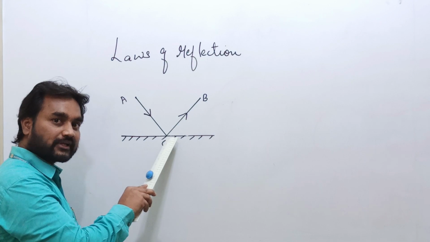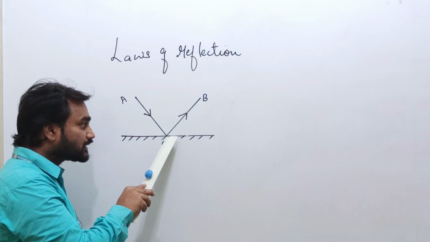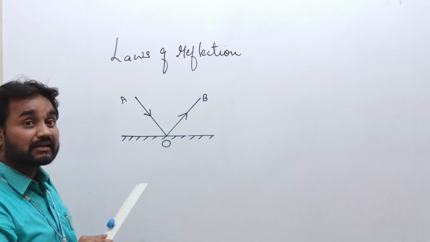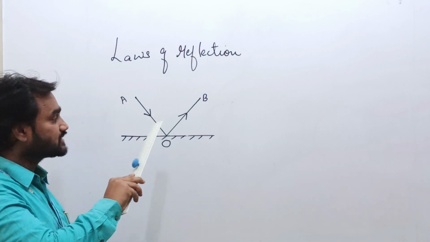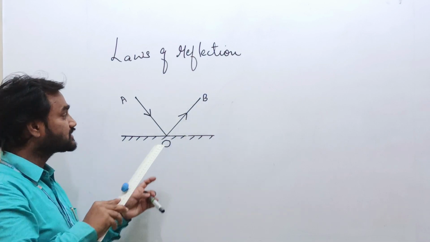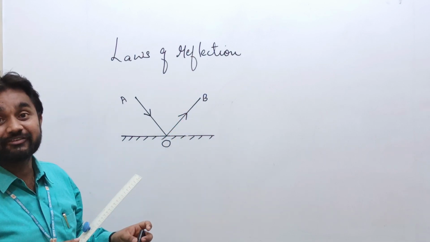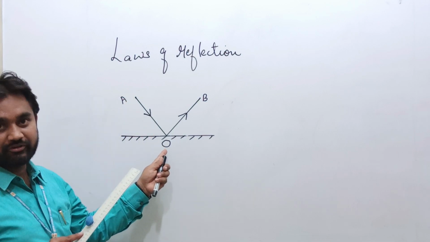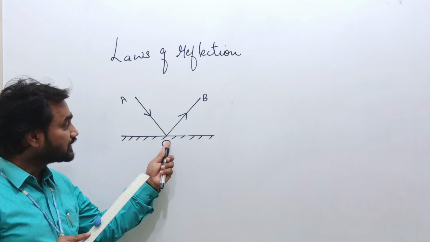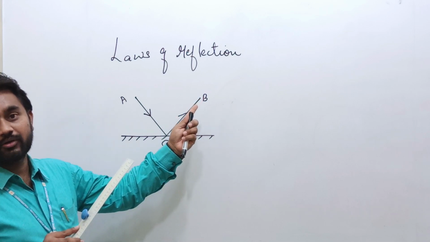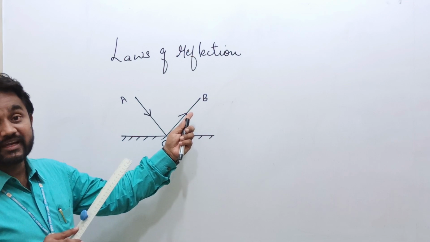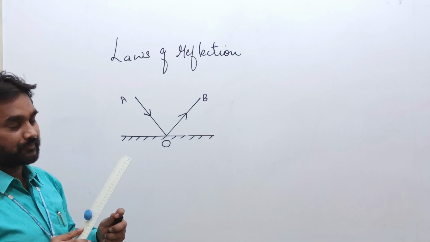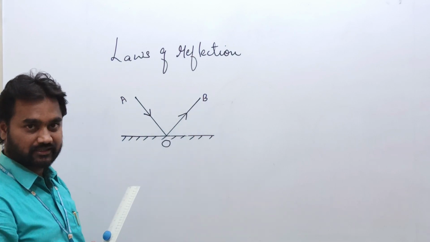From O, the light ray is bouncing, returning back. It is reflecting. This OB is called the reflected ray. As and when the light is incident on a reflecting surface, the light ray is bounced back, and this bouncing back of light we call reflection. So OB is the reflected ray.